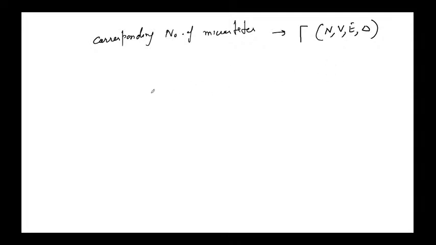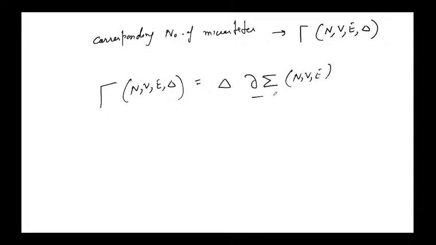So sigma, that is the new microstate, we can calculate if we differentiate our previous microstates with respect to energy.